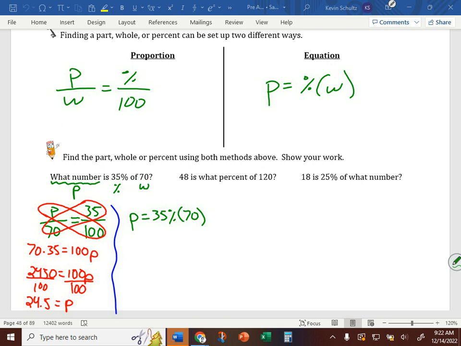If you like decimals, you like equations, you're going to like what we're doing now. We have to convert that 35% to a decimal, which is 0.35. So P equals 0.35 times 70. Since our variable is already by itself, all we have to do is multiply 0.35 by 70.